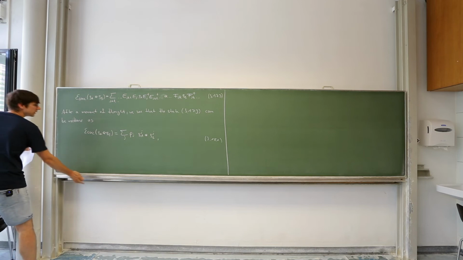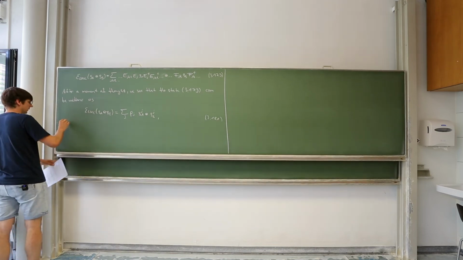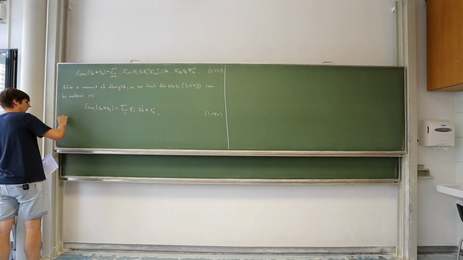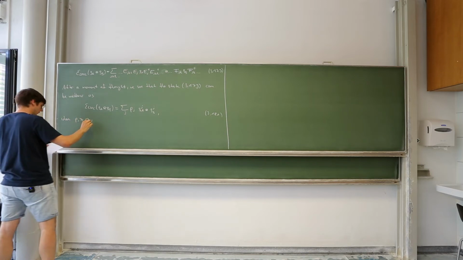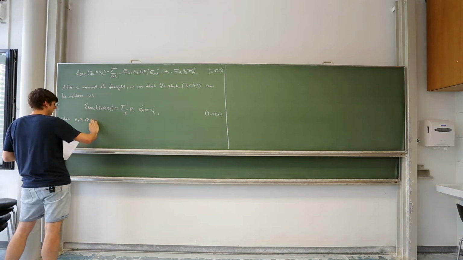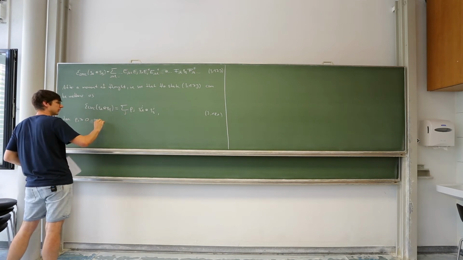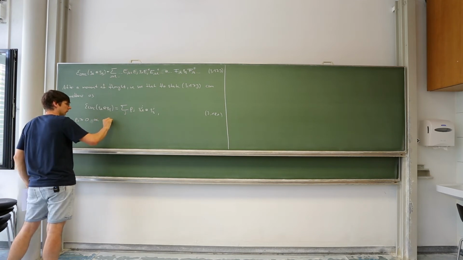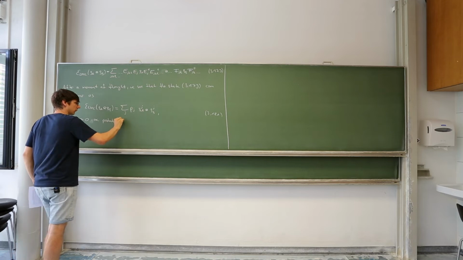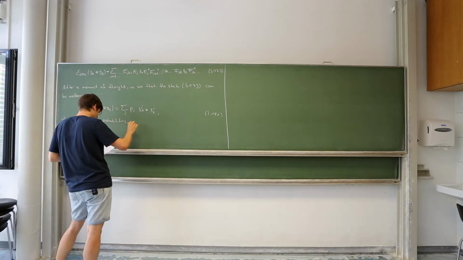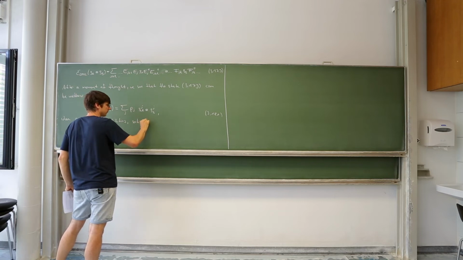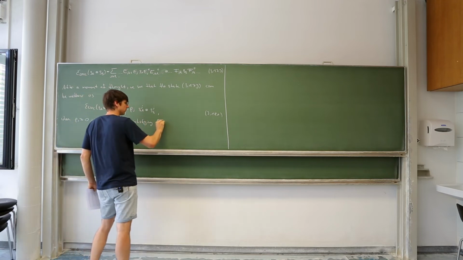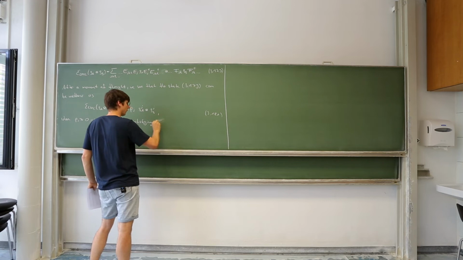Where these Pj's are probabilities, and summing Pj they satisfy that if we sum over them, we get 1.